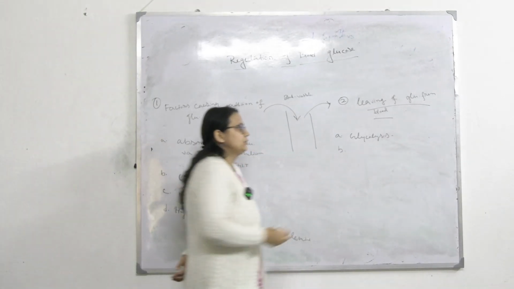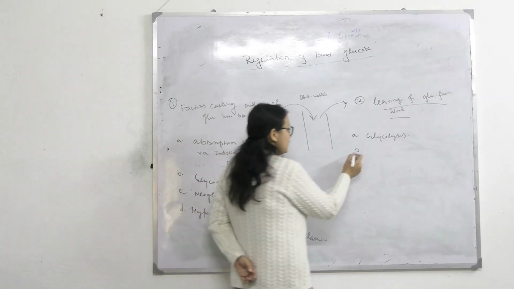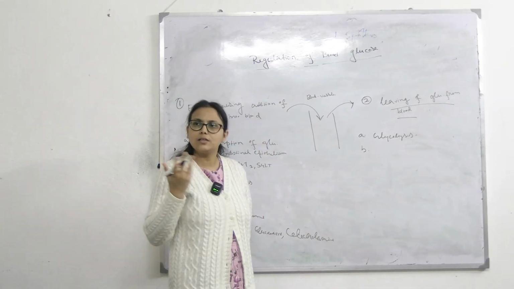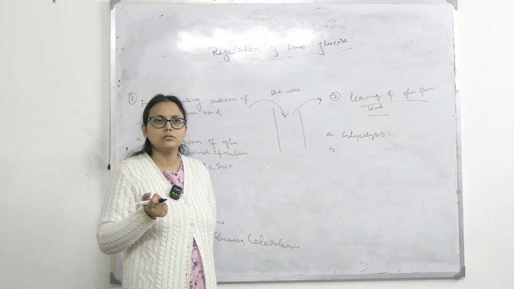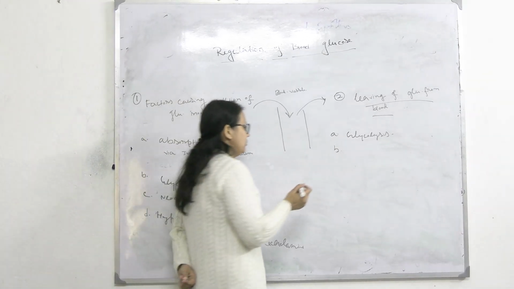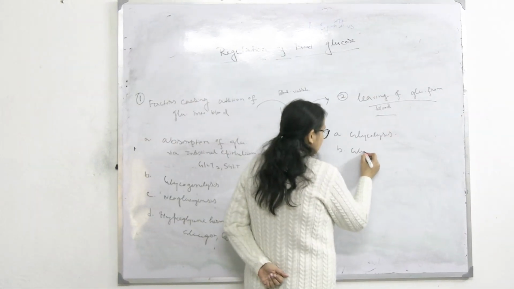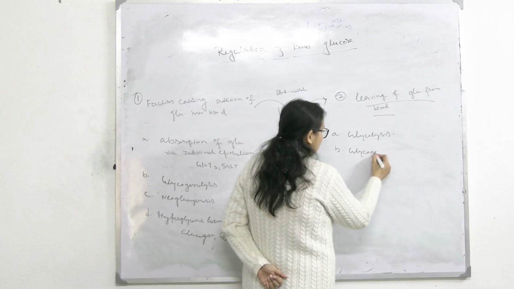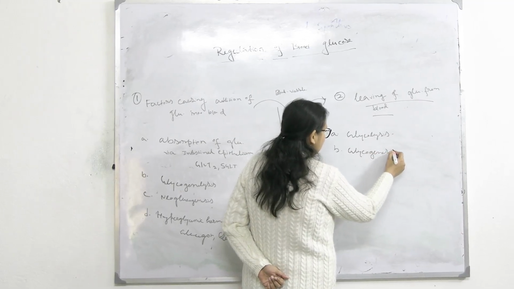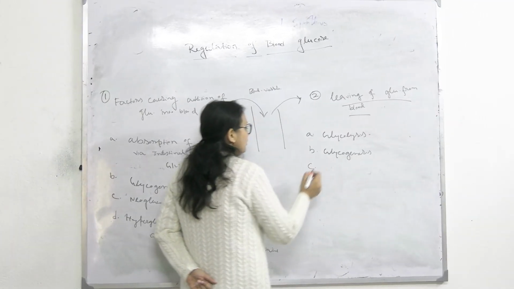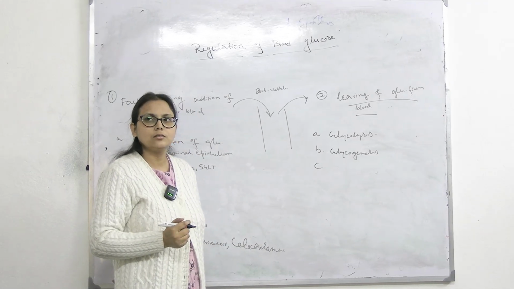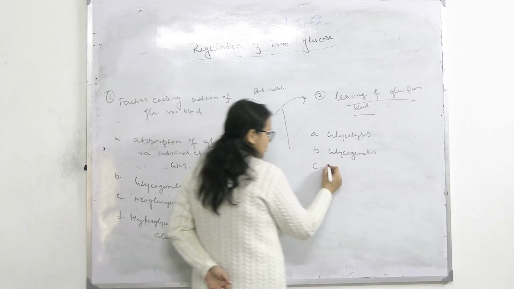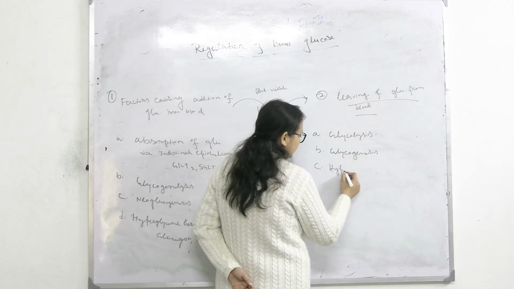Then second, glycogenesis: excess glucose will be stored as glycogen in the liver and muscle. Then third, there are some hypoglycemic hormones like insulin. Insulin is a hypoglycemic hormone.